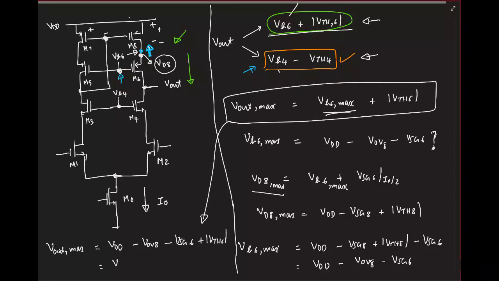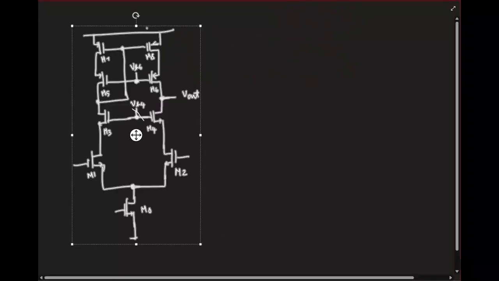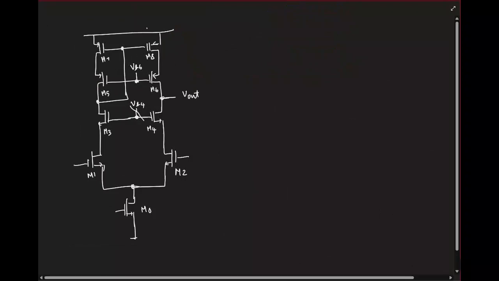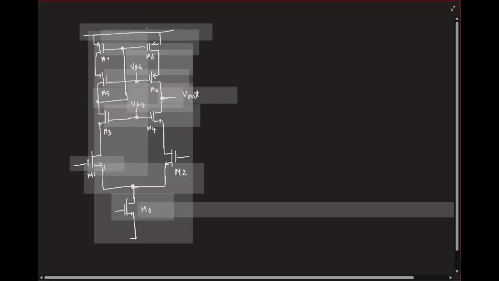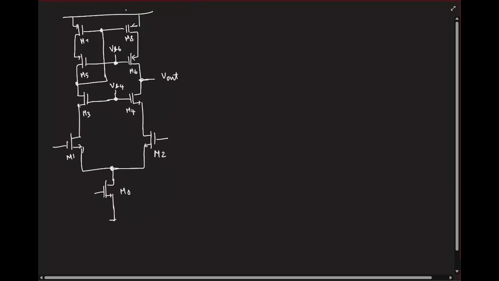So how can I simplify this? This is basically minus overdrive of 6, okay? So here, let me write it here.